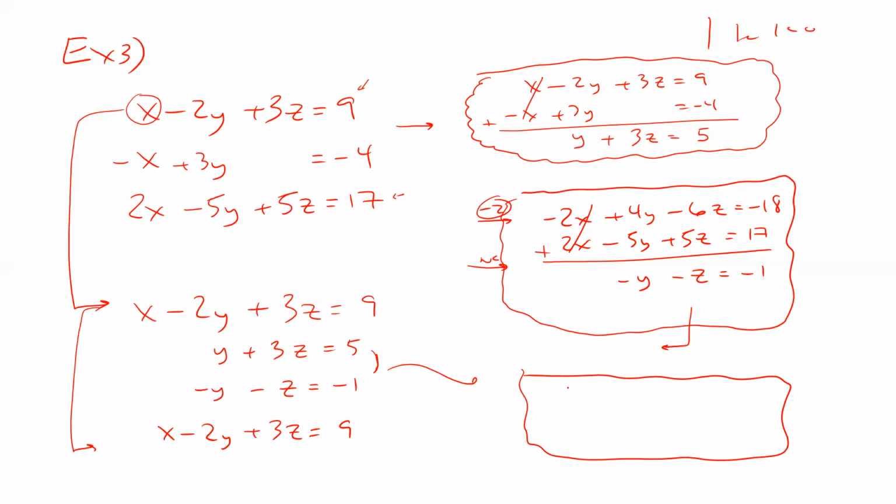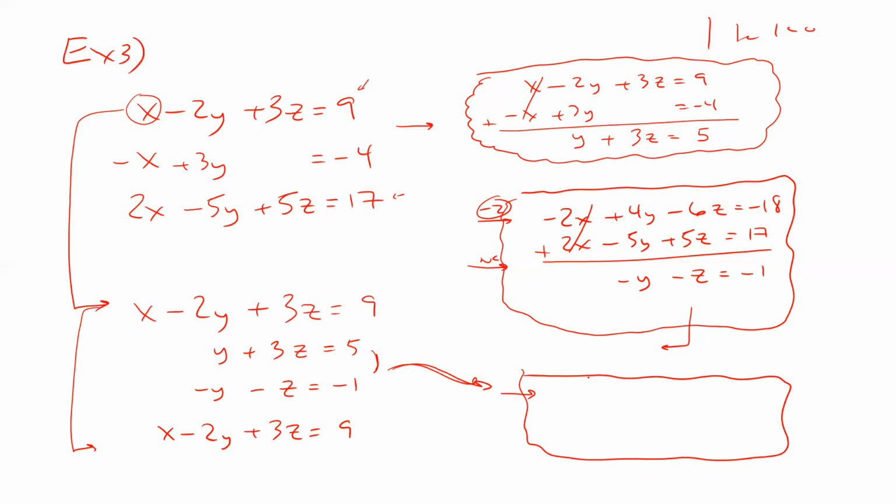For this one, do I have a y with the coefficient of 1 on top? Absolutely. I don't need to interchange anything. If this had like a 3 in it, then I don't like that one. I may have to interchange things in order to get that to be a 1. But it already has a 1 there. That's cool.